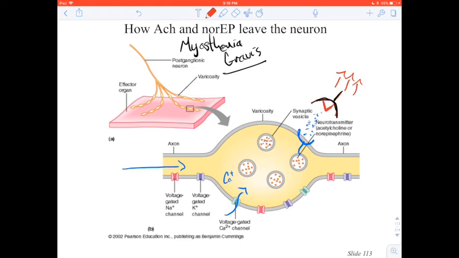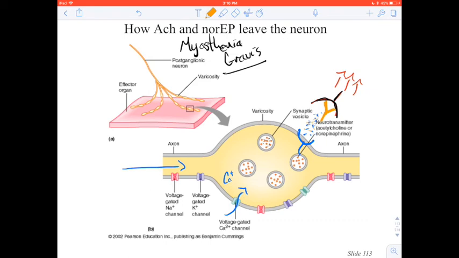Let's do a different color so it's not the same color as that receptor. That Y-shaped antibody will actually bind the receptor. And now this acetylcholine can't bind the cholinergic receptor. Right? So what do we do in that situation?